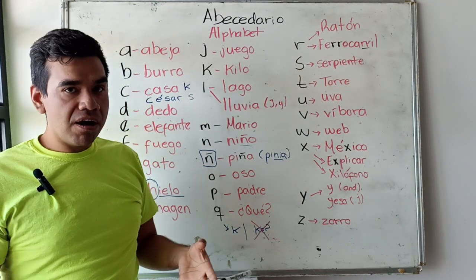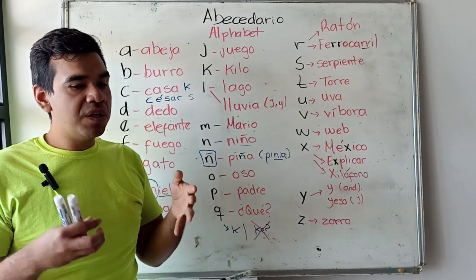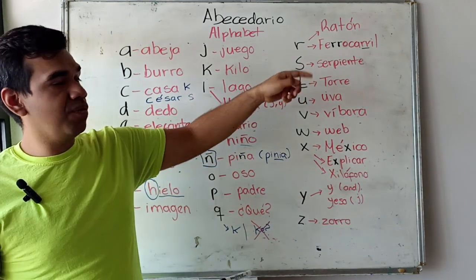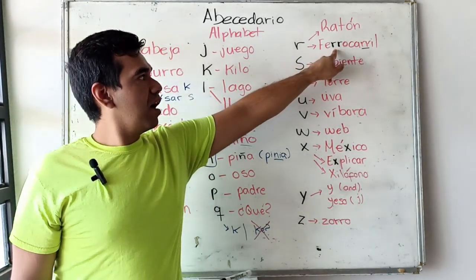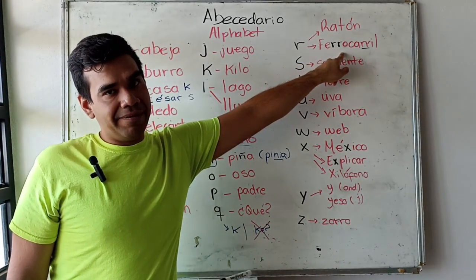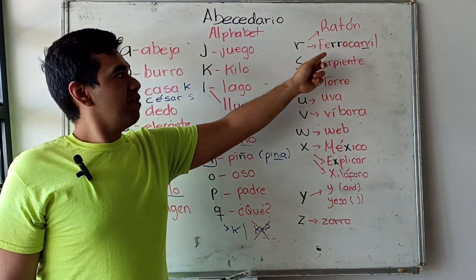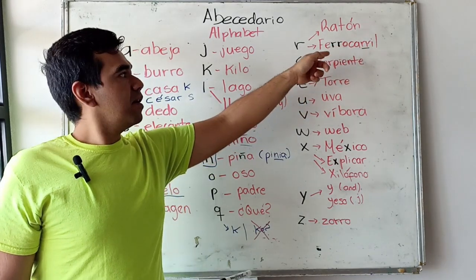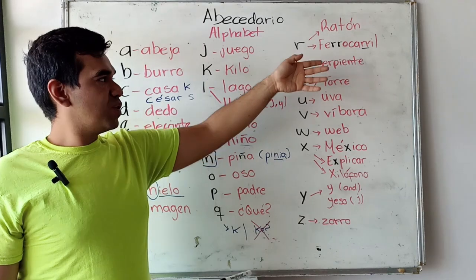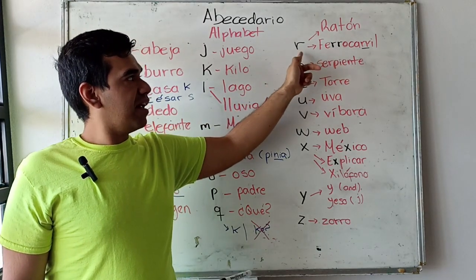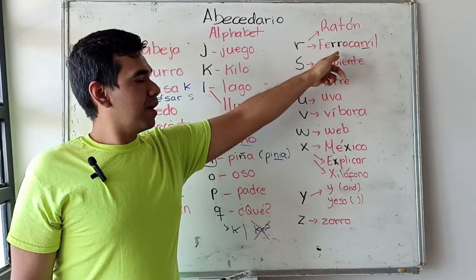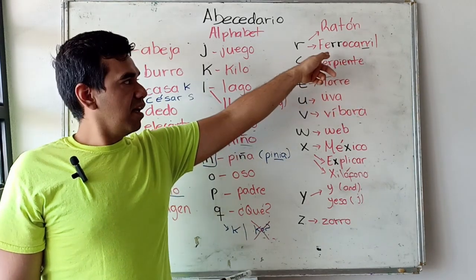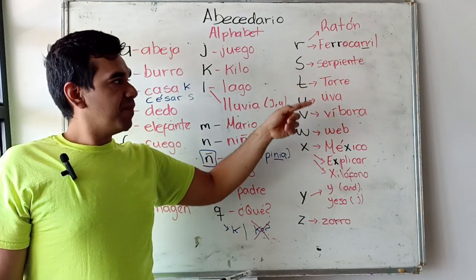But if the R is in the middle and you want to sound the same R, you have to apply a double R, una doble R. For instance, in this case, ferrocarril, train. In this word, the sound R should be the same, but it is in the middle, so it's written with double R, okay?